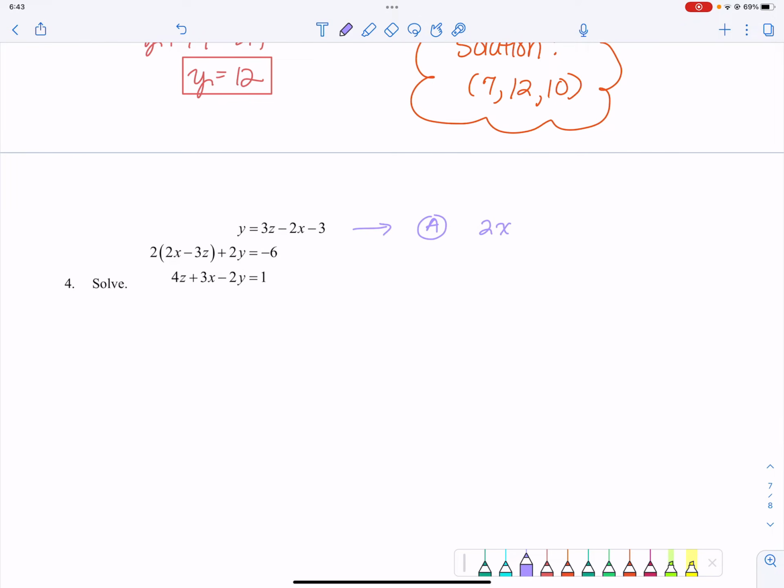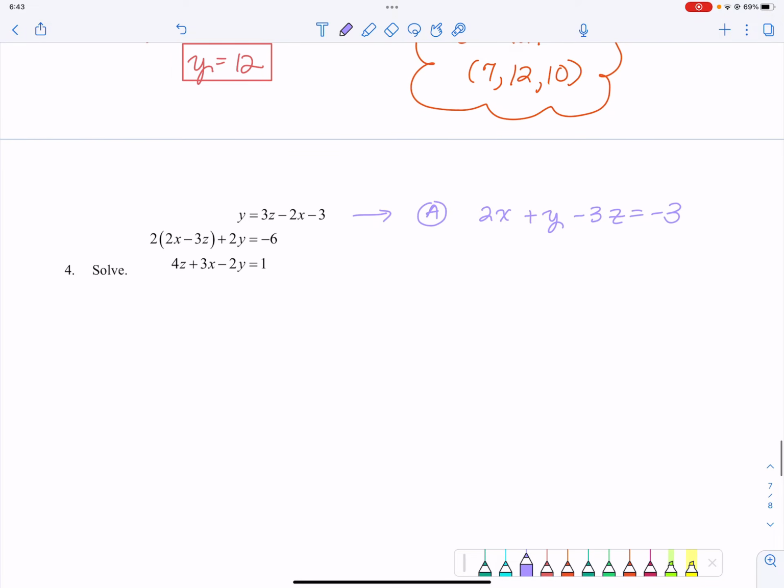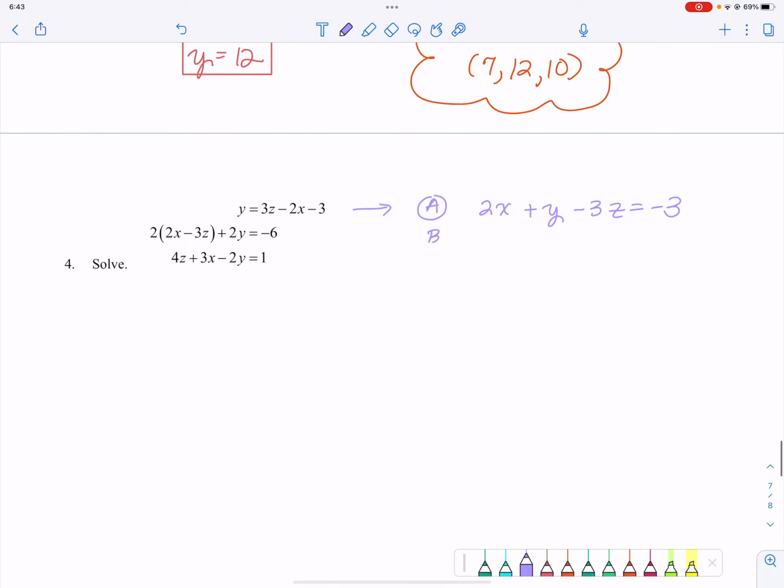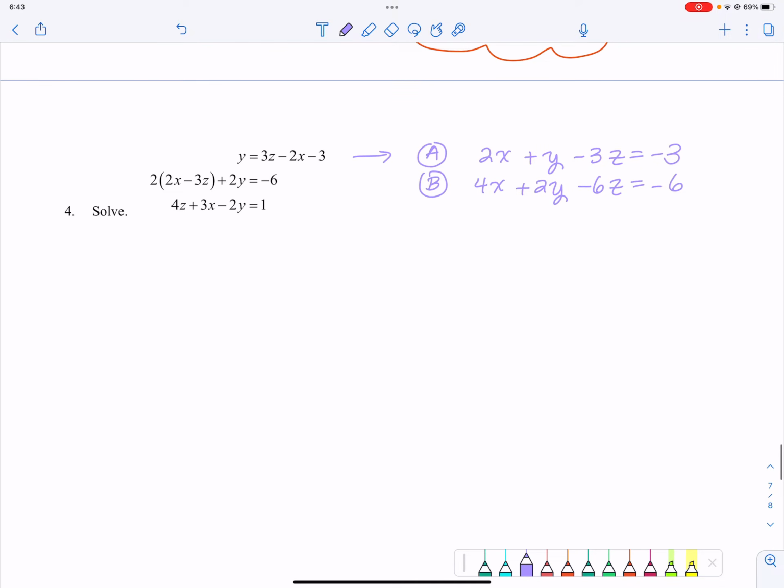So we have 2x plus Y minus 3z equals -3. And for B, we'll have to distribute that 2. So we'll have 4x plus 2y minus 6z equals -6. And for equation C, we'll just rearrange these terms.